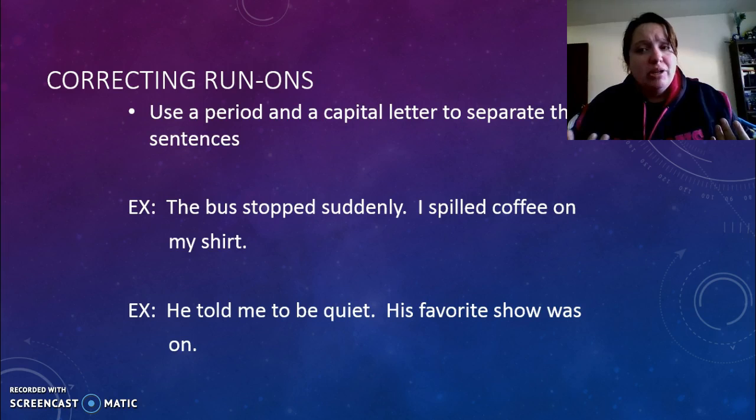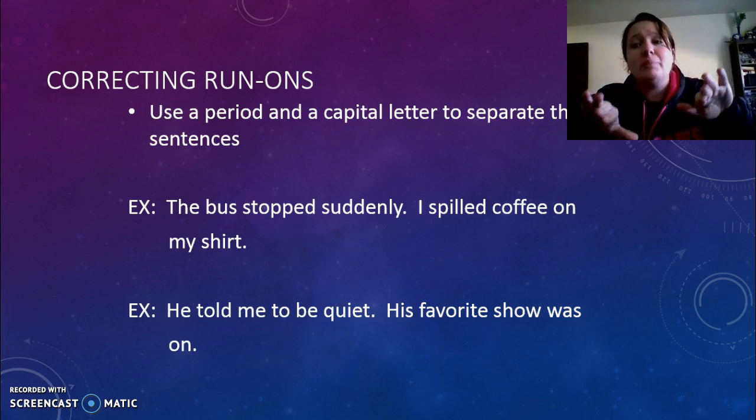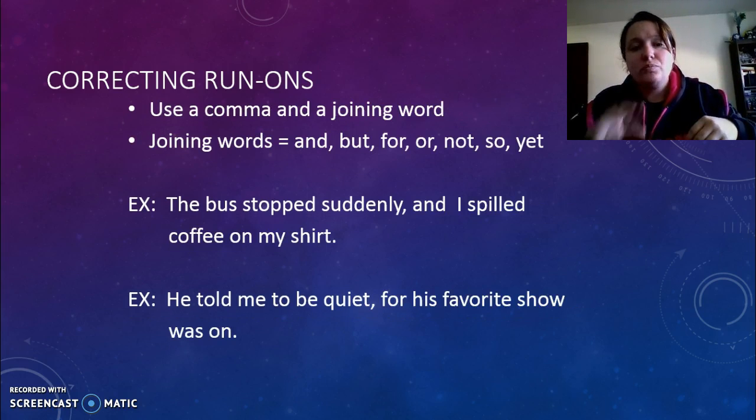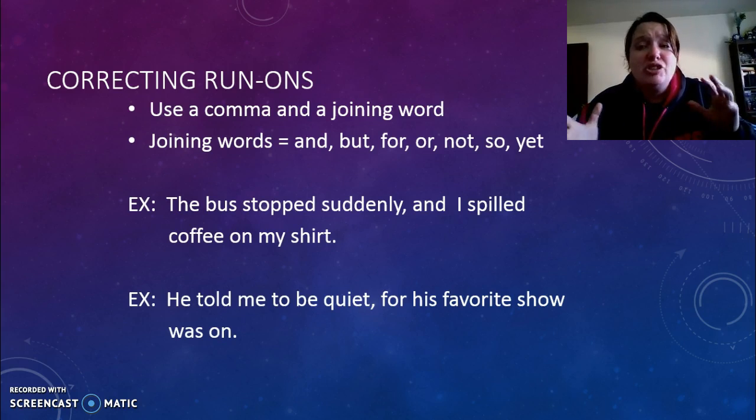So, easiest way to correct run-ons is to completely separate our two independent clauses. Use a period at the end of one and capitalize the first letter in the next one. Next, we can use a comma and a joining word. These are coordinating conjunctions. The easiest way to remember these is the acronym FANBOYS, F-A-N-B-O-Y-S.